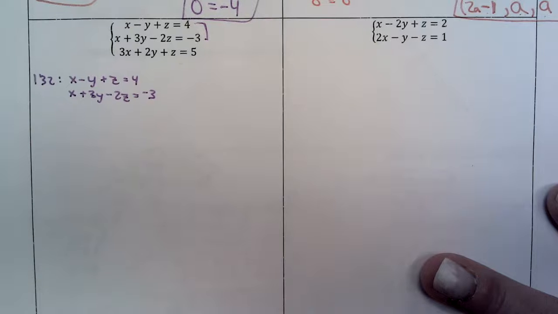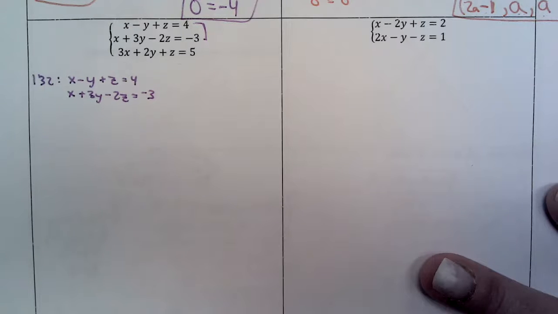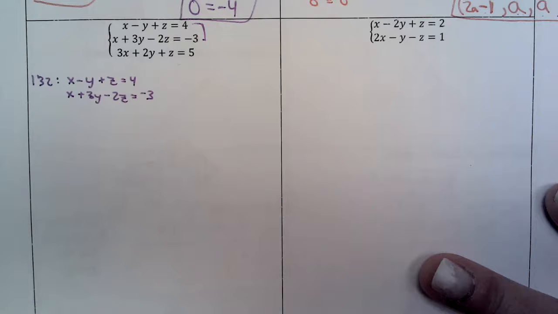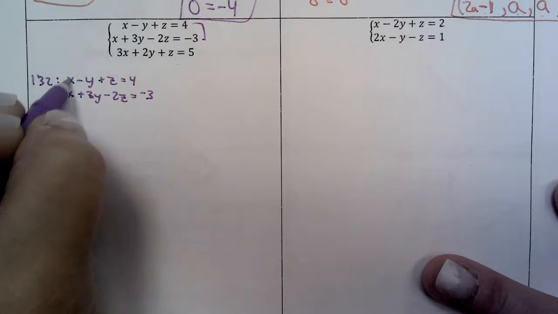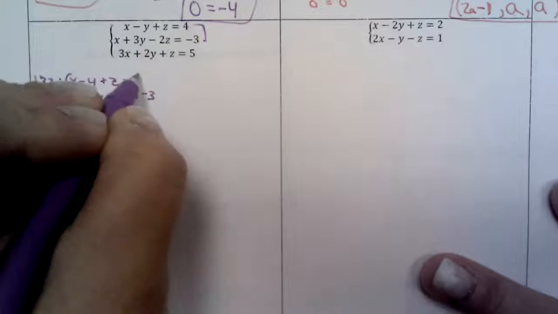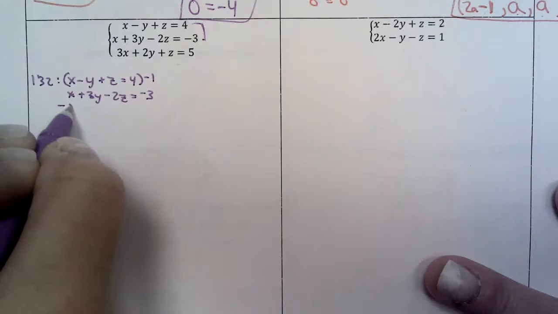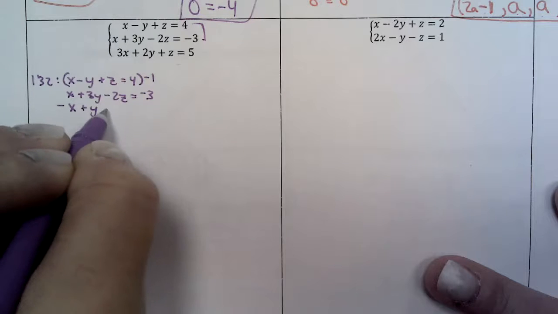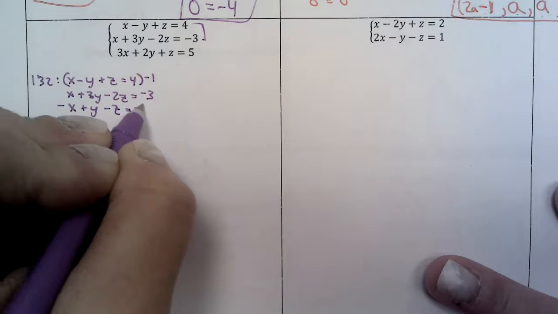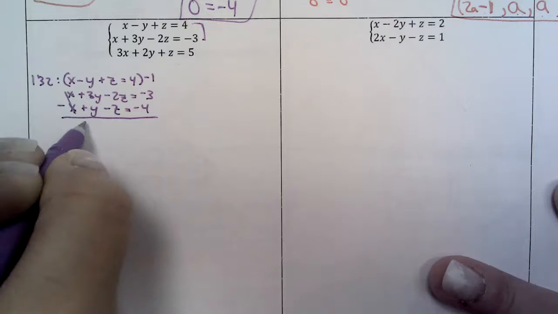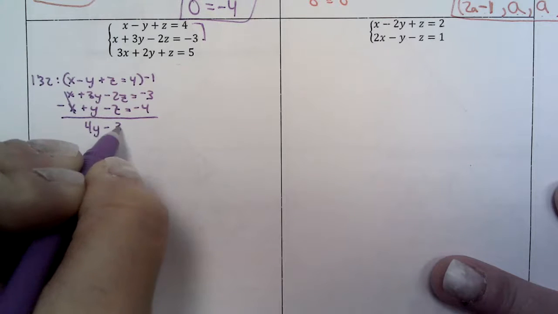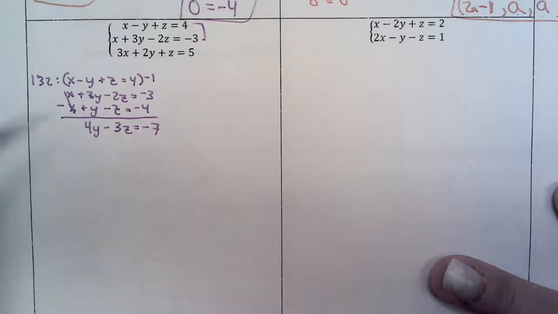I think I'm going to just get rid of the x's to start, because they look like the easiest one to do. So I'm just going to multiply this by negative 1. So I get negative x plus y minus z equals negative 4. That goes away. 4y minus 3z equals negative 7.